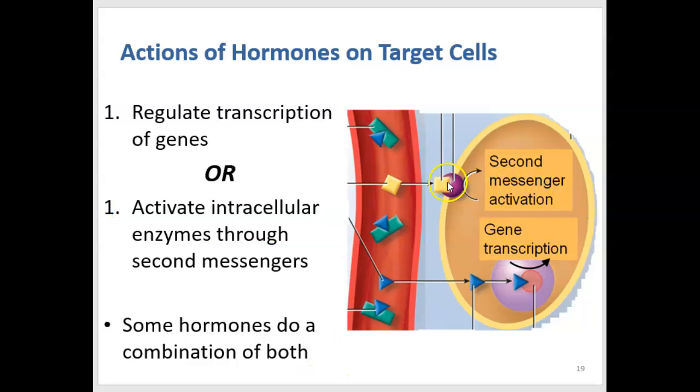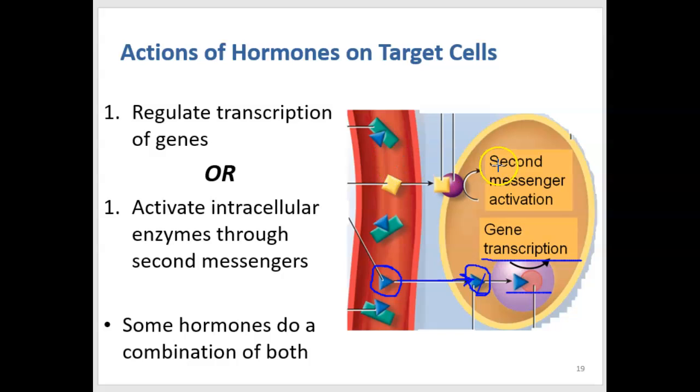So if you think about it, you can predict which type of hormone will actually be able to cause transcription of a gene. It has to be a hormone that is hydrophobic, that can get across the cell membrane, bind to a receptor on the inside, because that's where the genes are located.